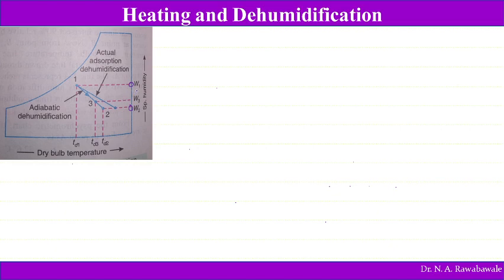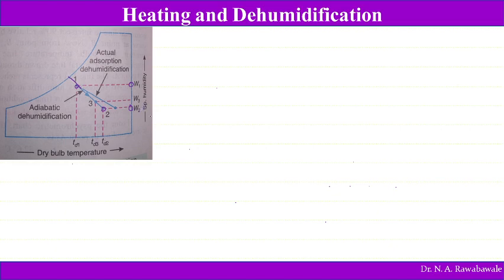This process is shown by the line 1 to 2. During this process, it is a constant wet bulb temperature process. So this follows the constant wet bulb temperature line or constant enthalpy line, both are the same.